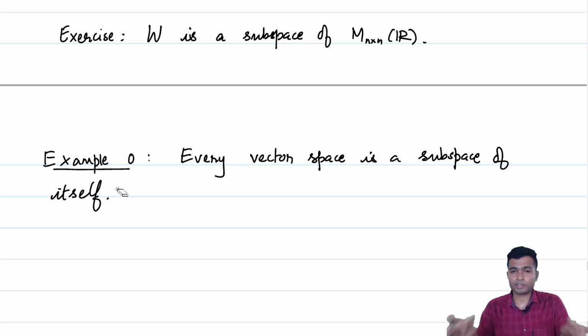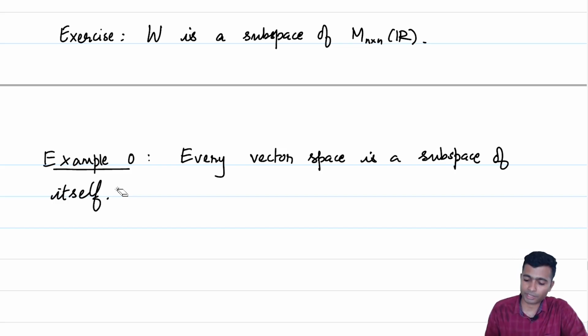It is quite straightforward because V itself is a subset of V for sure, and it is certainly closed under vector addition and scalar multiplication. So, it satisfies all the conditions for being a vector subspace.